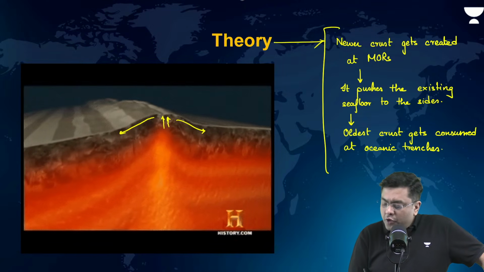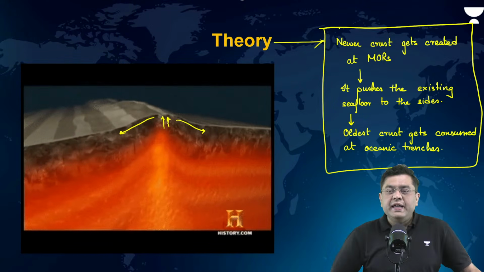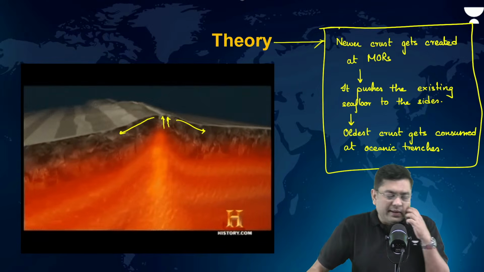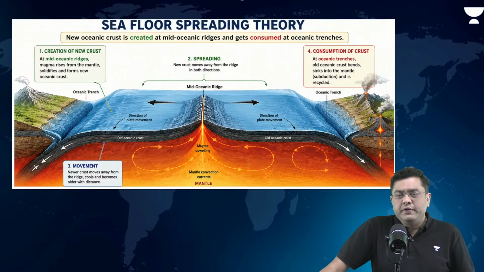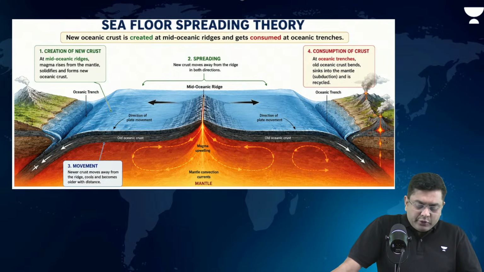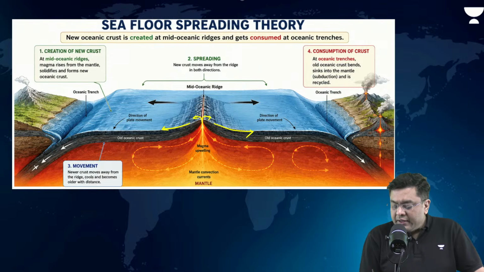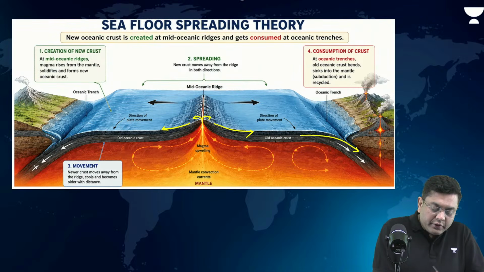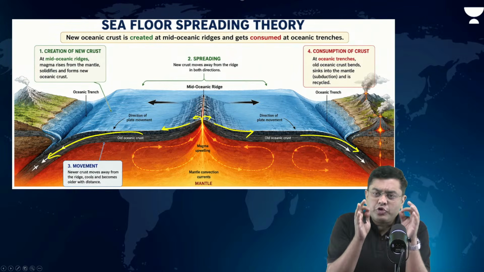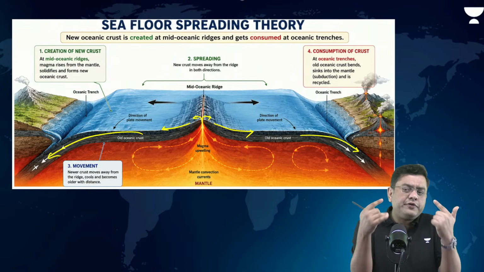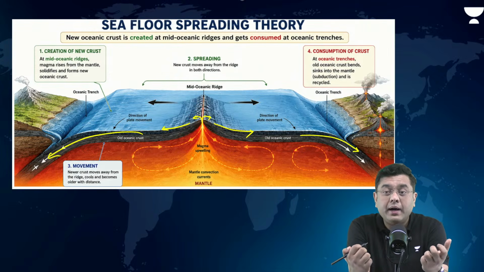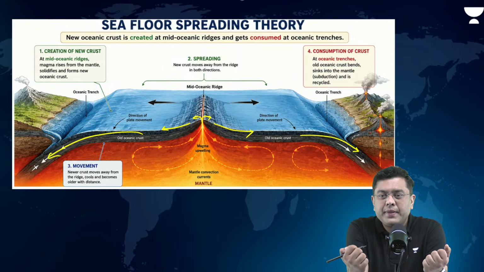This was his overall theory. In 3 points, you can summarize the entirety of the seafloor spreading theory. You have volcanic eruption at the region of mid-oceanic ridges, which is pushing the seafloor to the sides, and the older seafloor gets consumed. In a way, what did this theory tell the world about the crust?